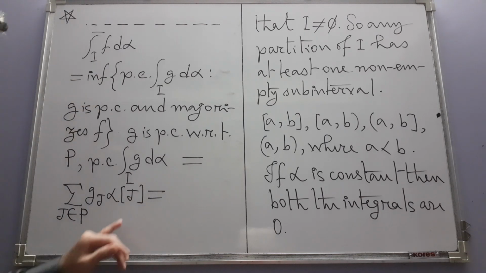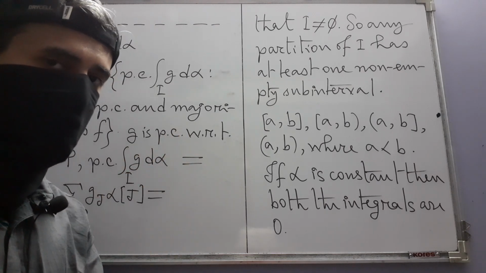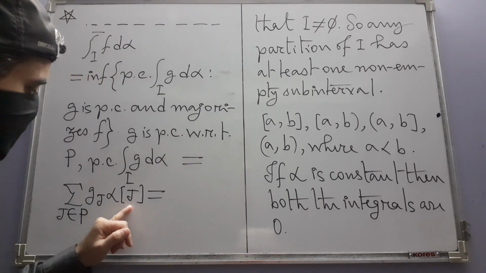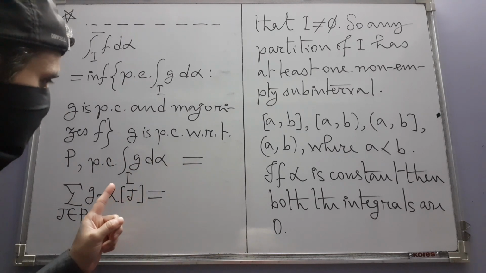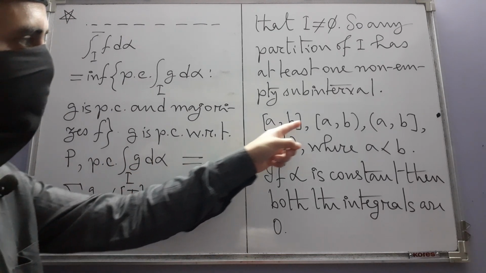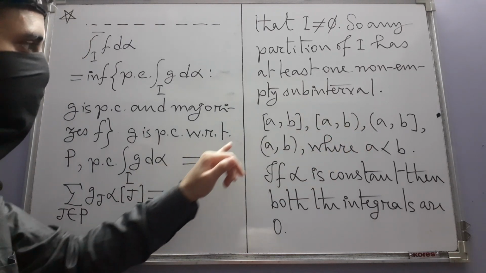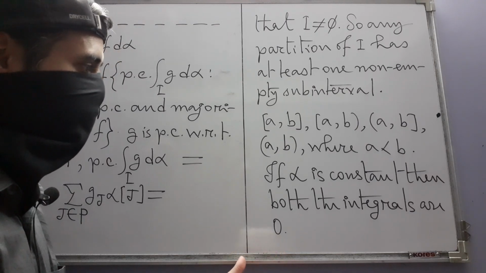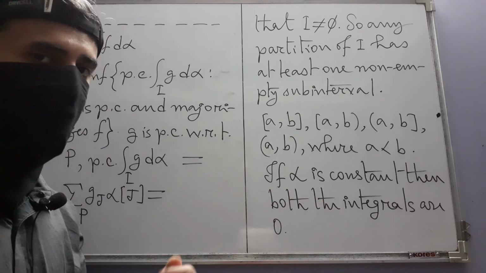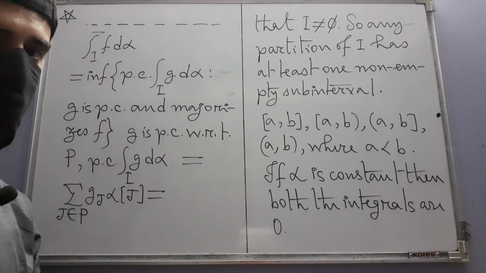Now this J either is degenerate or non-degenerate. If J is degenerate, this alpha length by definition is 0. But if J is non-degenerate, J also looks like one of these, then its alpha length by definition will be alpha B minus alpha A. However, since alpha is constant, alpha B is equal to alpha A, so again it will be 0.